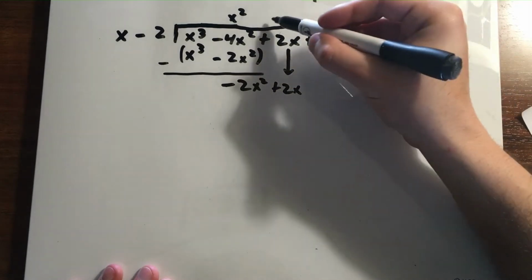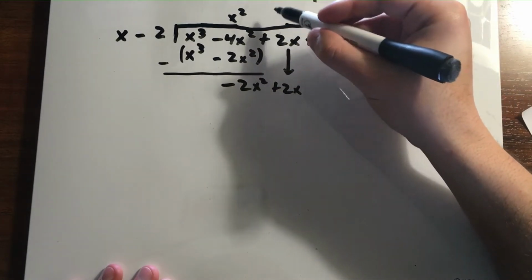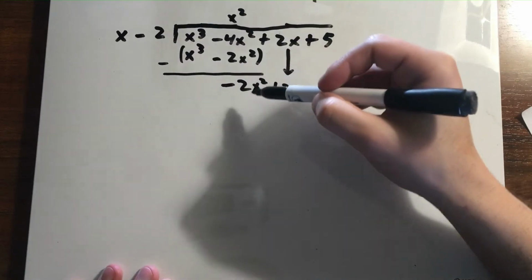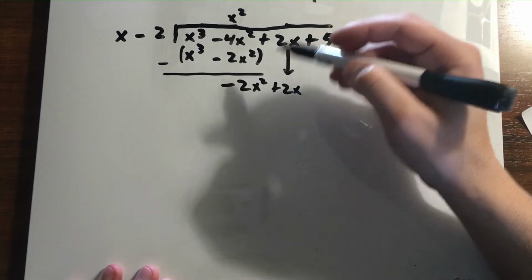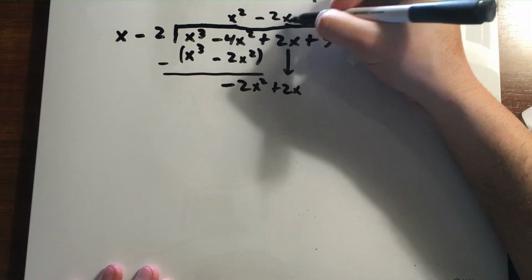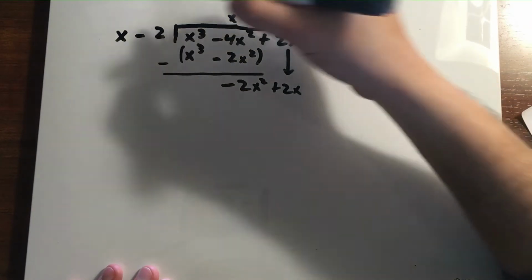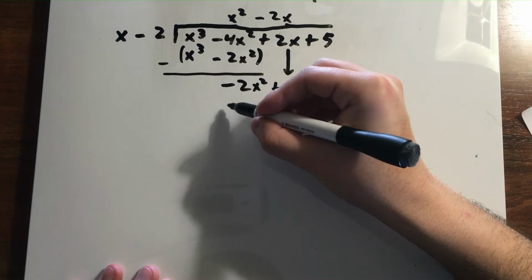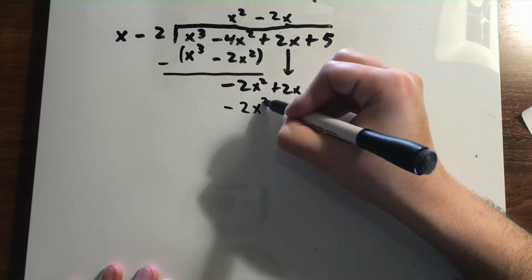And now what can we put up here that when multiplied by x will give us negative 2x squared? Well, we can put negative 2x. Negative 2x times x is negative 2x squared.